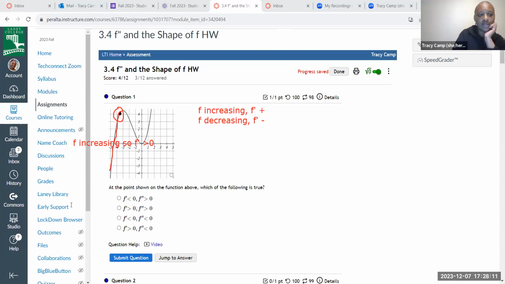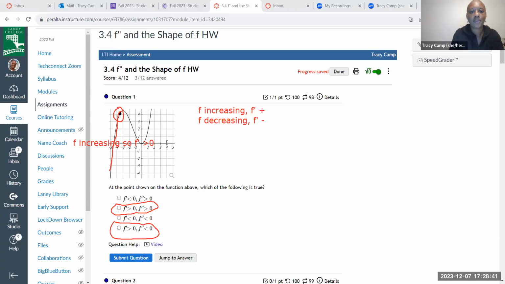So our answer has to be either this one right here or this one. The only possibilities are the ones where f prime is greater than 0. And then to figure out which one of these two is correct, what you're going to do is use how a function is related to its second derivative.